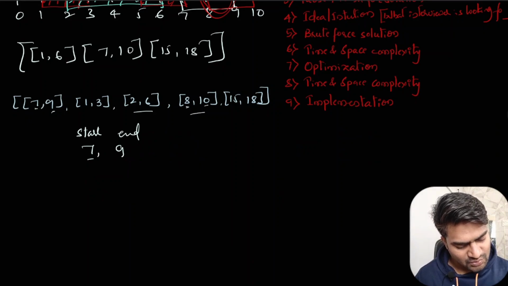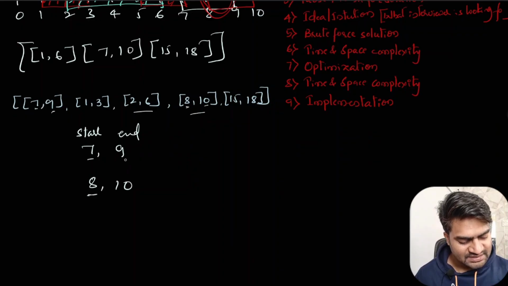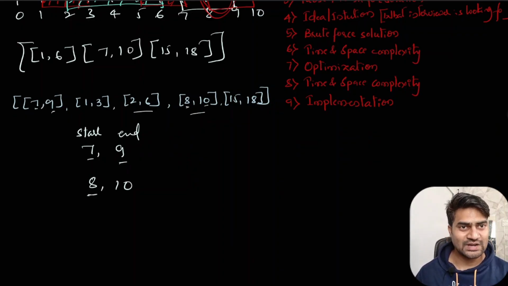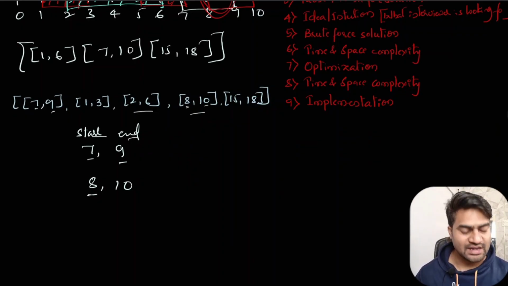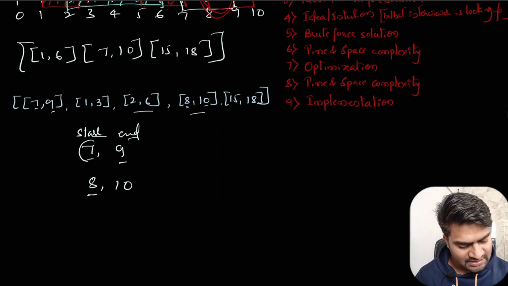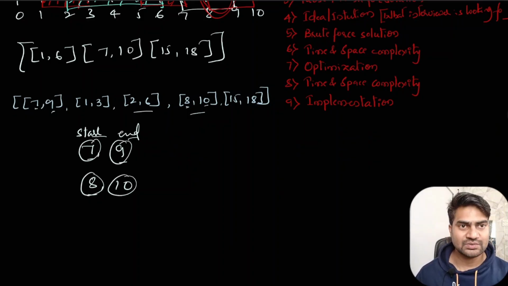Now I will go to 8 and 10. If you see, this 8 is less than 9, it means it overlaps, right? If that is the case, then we will merge here. If we want to merge this with this start and end, we need to take the minimum of these two, then the maximum of these two, correct?